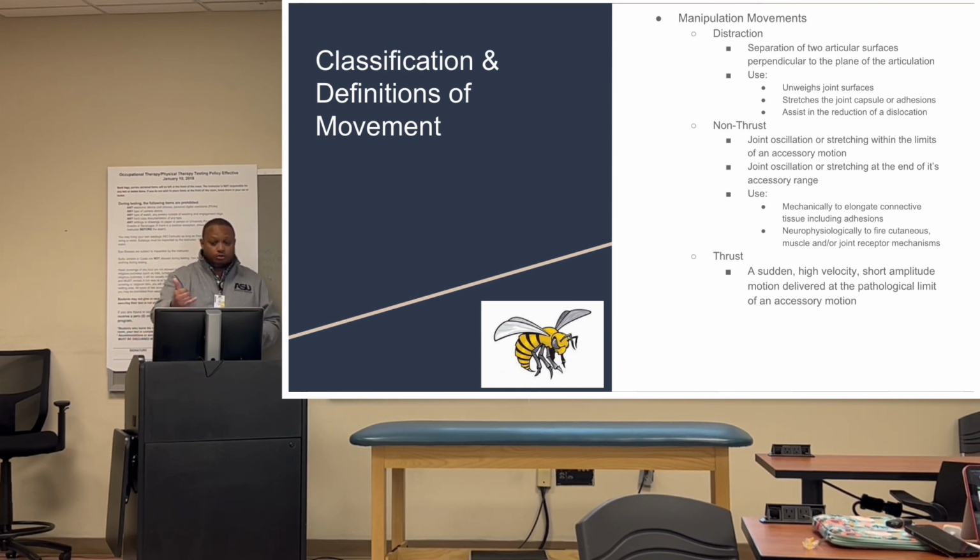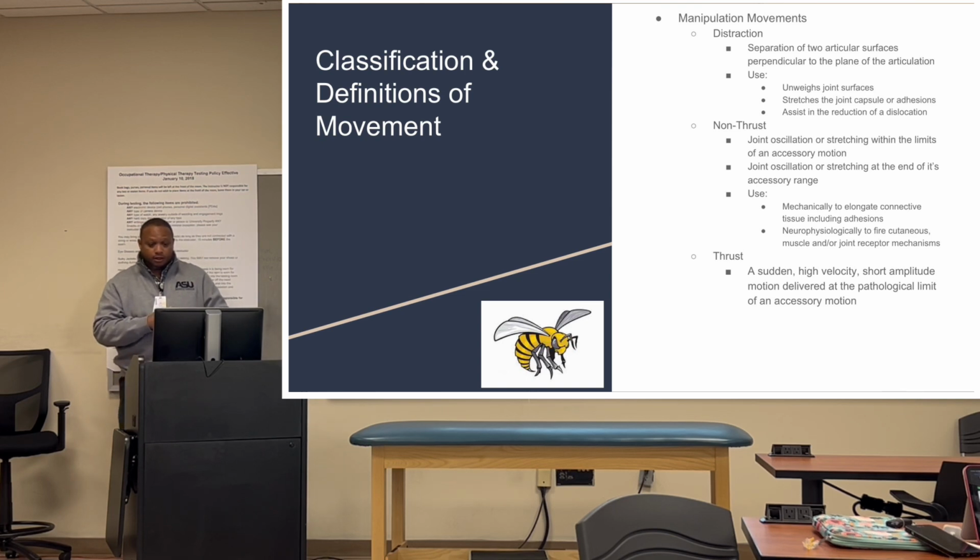And so is distraction a component motion or a joint play motion? Distraction is joint play. Tilt is joint play, okay? And when we're talking about a glide or slide, then we're talking about a component motion, all right?